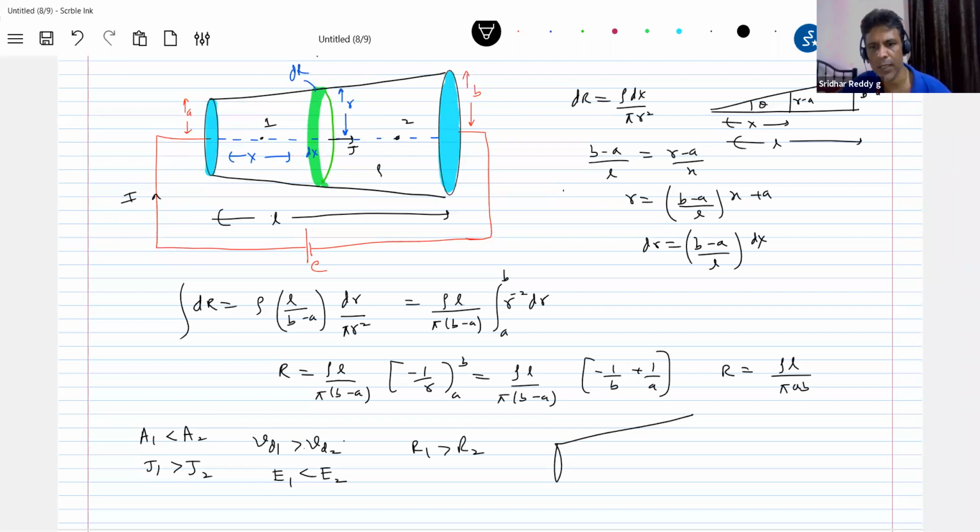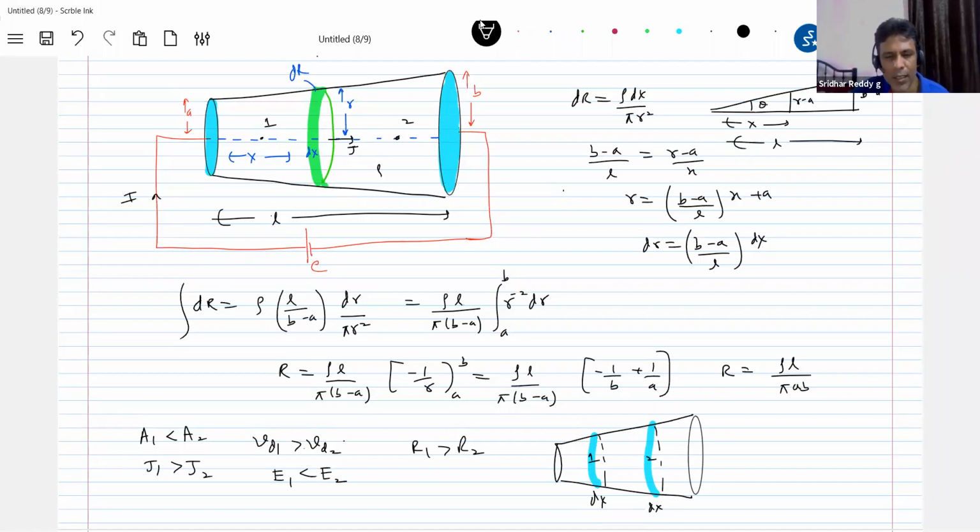Let me give one rough diagram. These are the two identical elements we picked up, sorry, of the same thickness we have picked up, and then we are comparing them. This is element 1, this is element 2. What about the power dissipated in those elements?